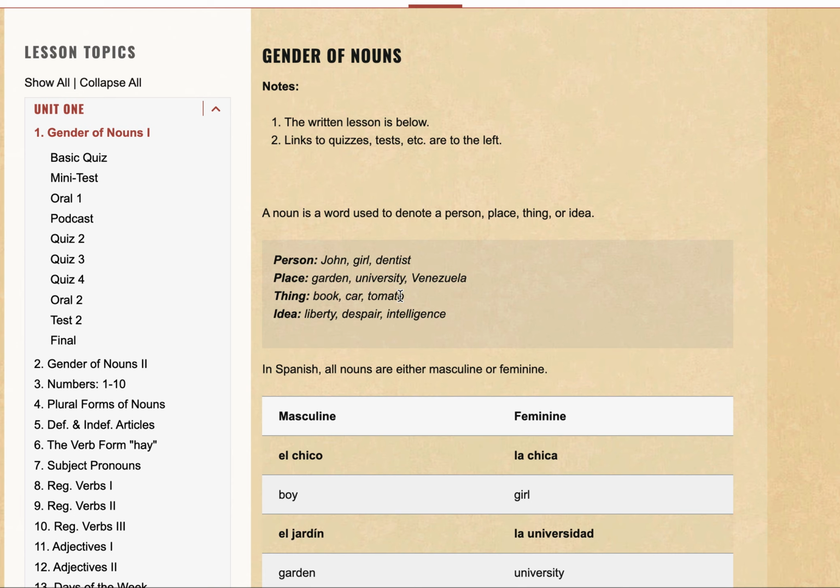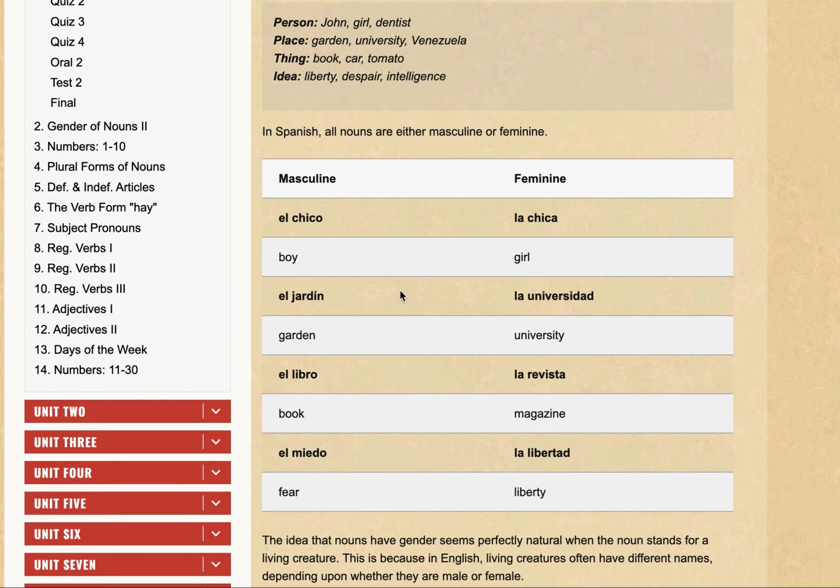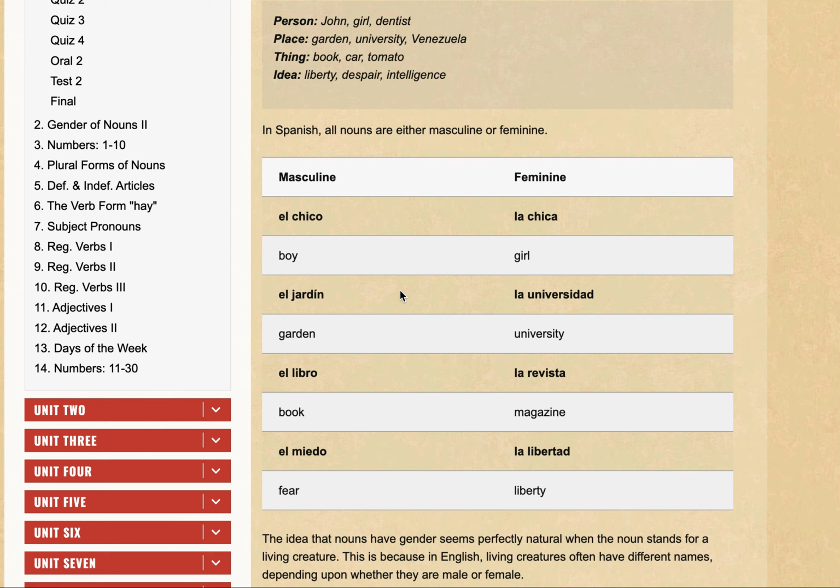And what you've seen is you could have masculine and feminine nouns, right? So nouns which are masculine are denoted by el, and feminine are denoted by la. And we also saw that generally and usually masculine nouns end with O and feminine nouns end with A, but that's not always the case.